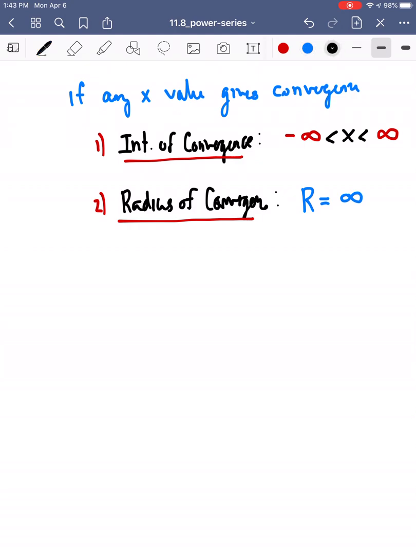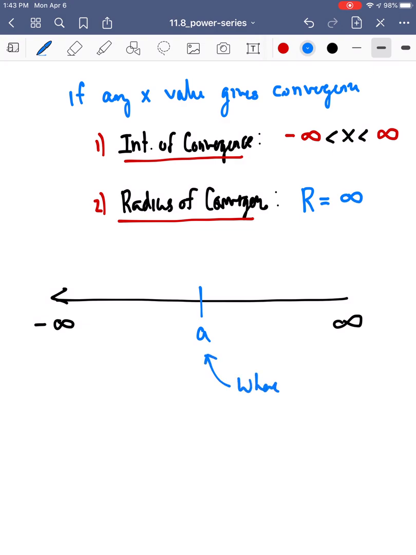Another way to think about the radius of convergence and the interval of convergence is if we're sitting on the number line, and we're seated at a, where the power series is centered. The radius of convergence tells us how far we can reach our arms and still get convergent values or a convergent series.